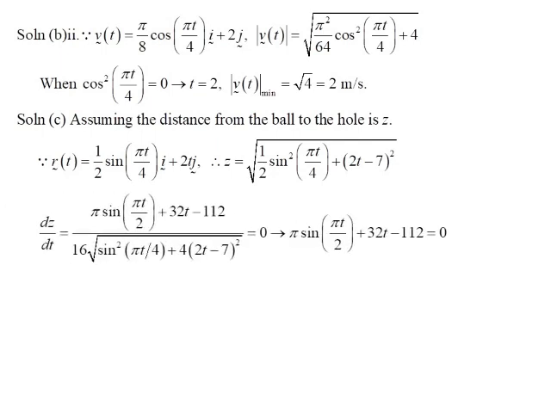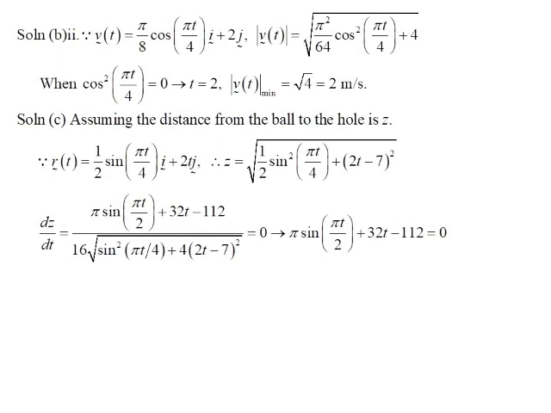Hence, we differentiate z with respect to t, which equals pi times sine of pi t over 2 plus 43t minus 112 all over 16 multiplies square root of the sum of the square of sine of pi t over 4 plus 4 times 2t minus 7 all in parentheses squared.